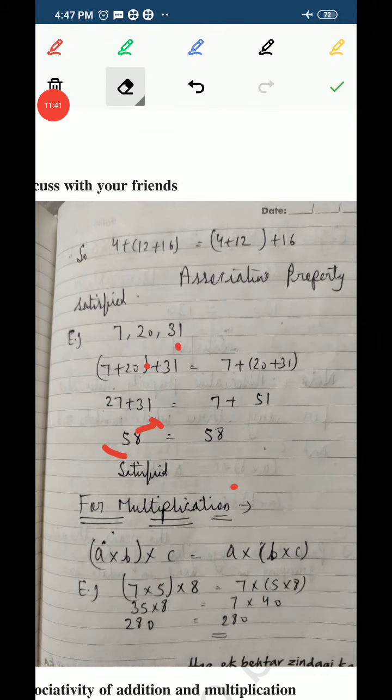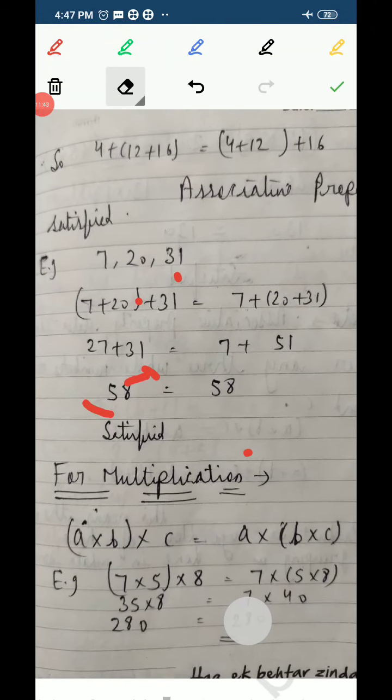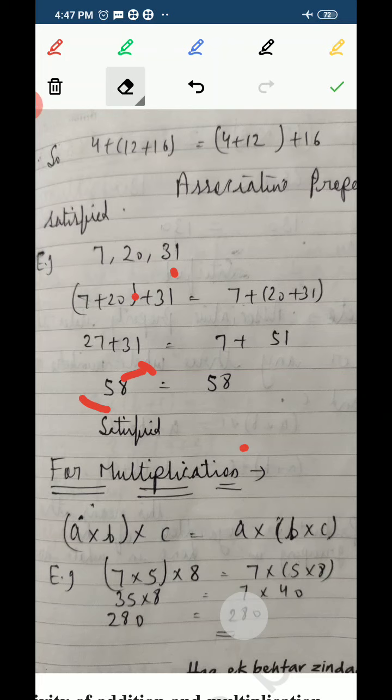And in the same way you can check this for multiplication also. As you can see here, a multiplied by b and the whole is multiplied by c, and then first b and c are multiplied, and then b and c as a whole is multiplied with a. For example, we are taking 7, 5 and 8.